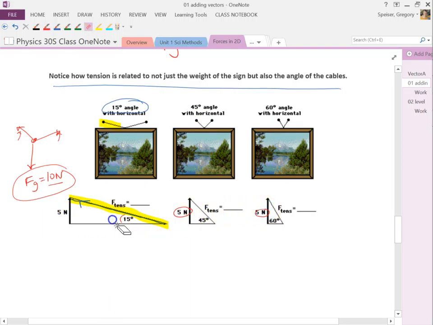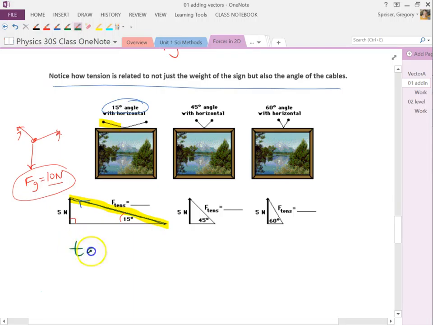So our question here is really asking, what happens when we keep the weight of the sign the same, but we're changing the angle each time? So if we change the angle from 15 degrees to 45 degrees to 60 degrees, what's going to happen to the tension? Well, this is a right triangle. Here the relationship is the tan, here, I'll go green here.